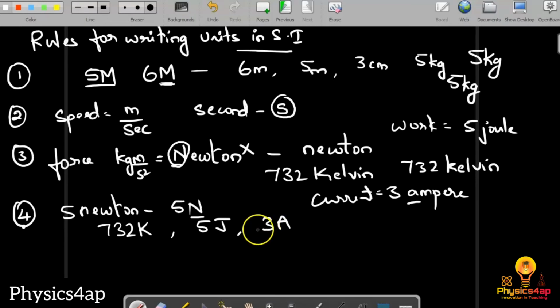But whenever you are writing those units by the scientist's name, the first letter should be small. Okay, if you are representing a symbol, you have to write it as capital.